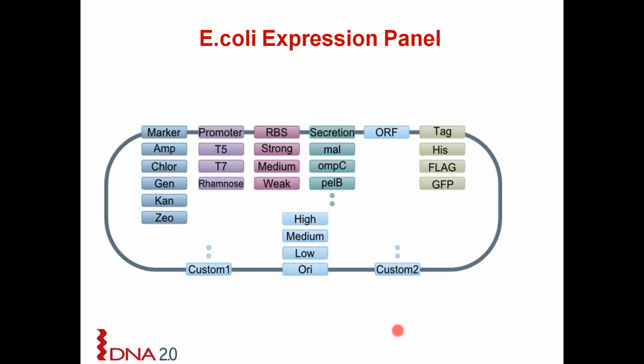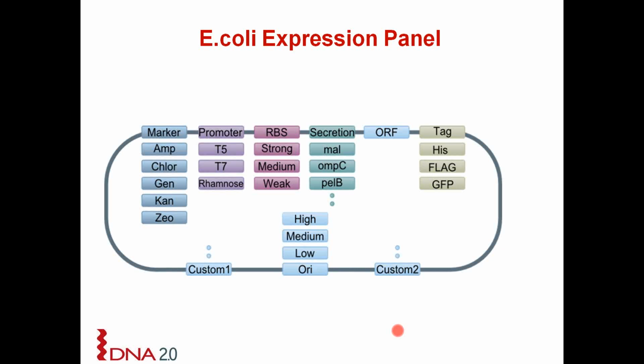So we've also performed vector GPS in E. coli. So we use different promoters, RBSs, secretion signals, and ORFs. And what we found, and I'm sure many of you have seen this in your own work too, is that expression levels are influenced by the promoter, the ribosome binding sites, and the plasmid copy numbers. And the total expression level does not necessarily correlate with the level of soluble, active, or secreted protein.